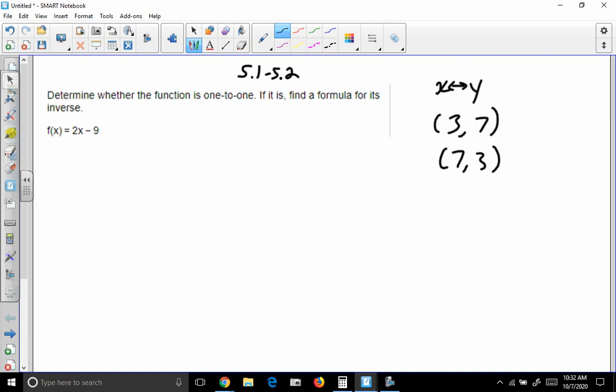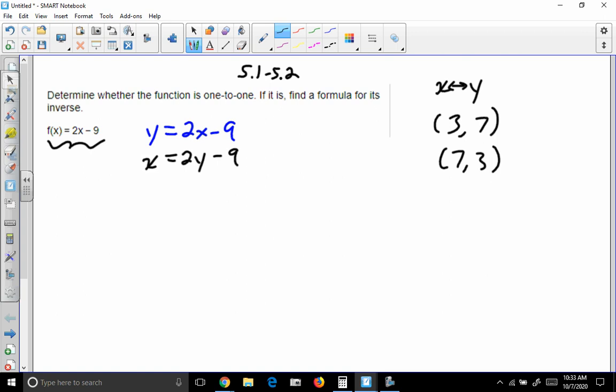So to get the function such that every ordered pair of this function is an inverse of every ordered pair in another function, first of all, we put it in y notation. We change f of x to y. Then we replace y with x and x with y.